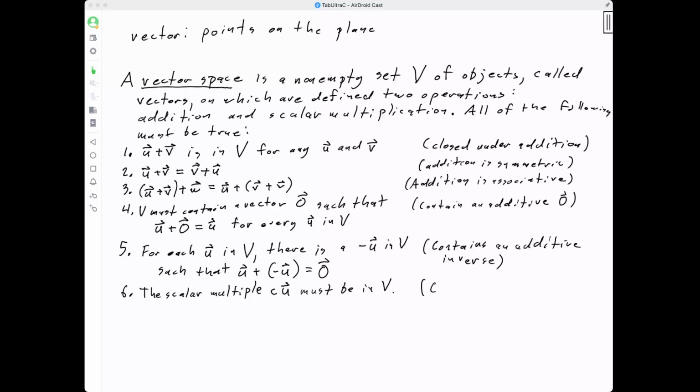So this is closed under scalar multiplication.